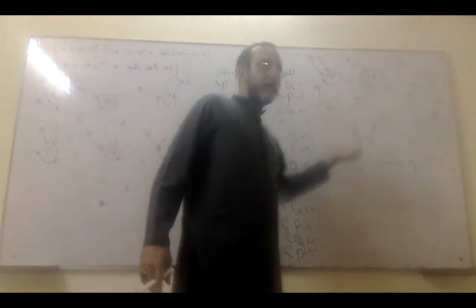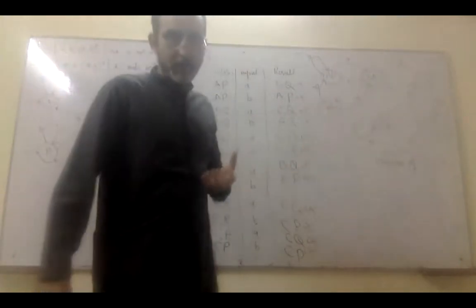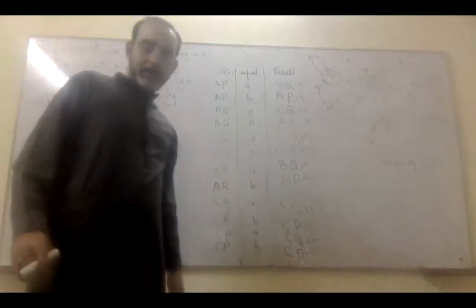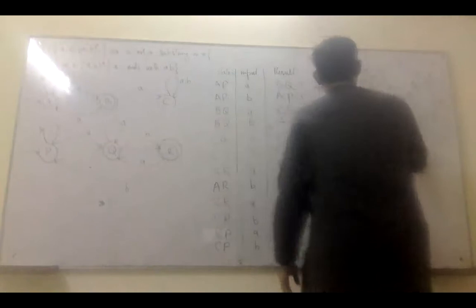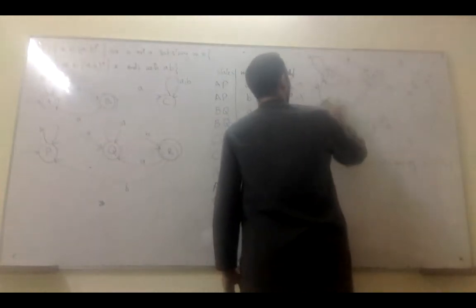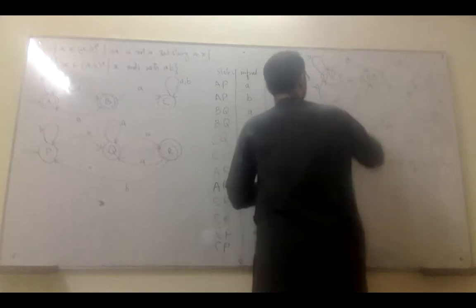So this combined DFA will accept all the strings which are the union of these two languages. And for example, if I have to show this is the union, so now I can finish it up.